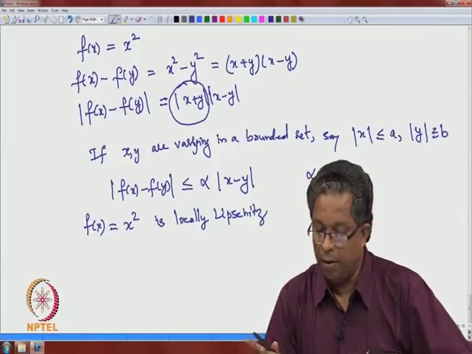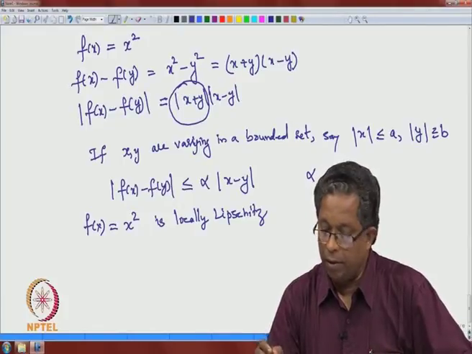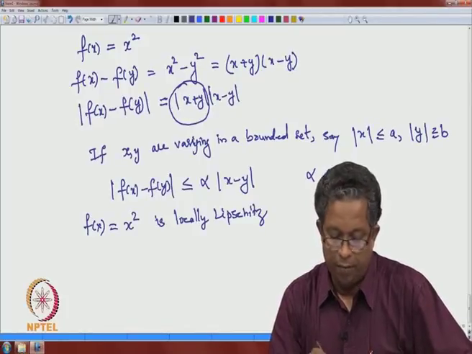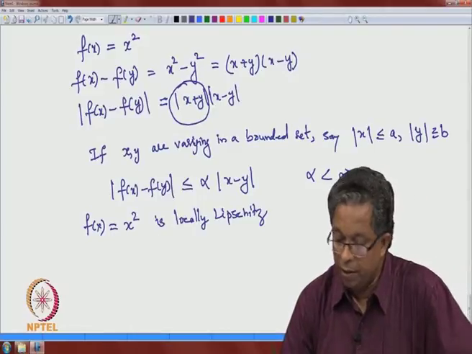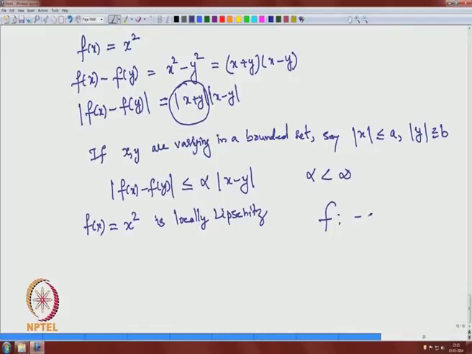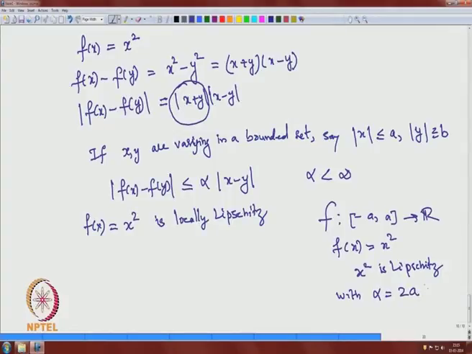So if, for example, f is defined from the set minus a to a to R, f of x is equal to x square, then f of x is equal to x square is Lipschitz with alpha equal to 2a, where x can take a maximum value up to a, x varies from minus a to a, and y is also varying from minus a to a.